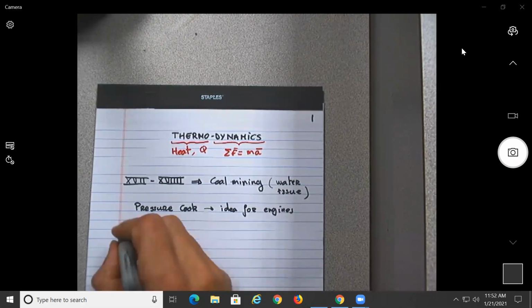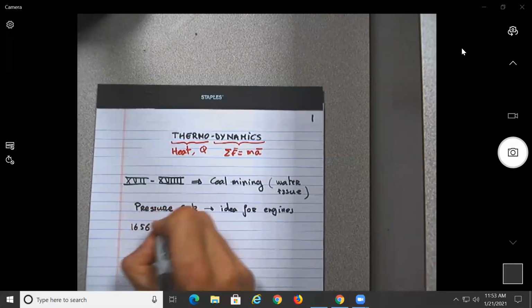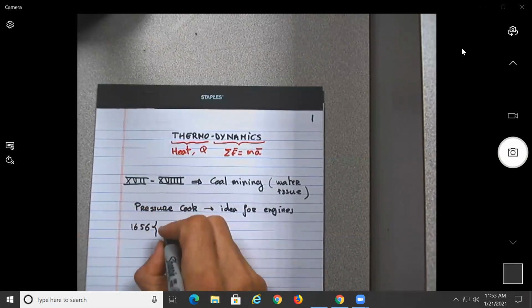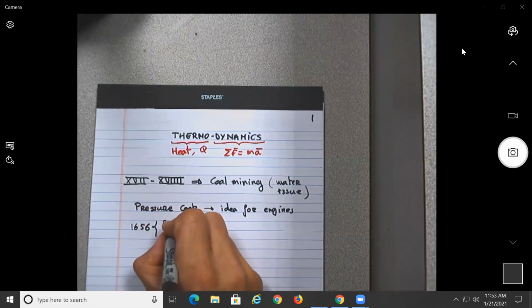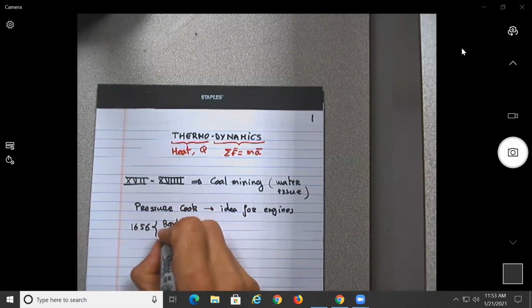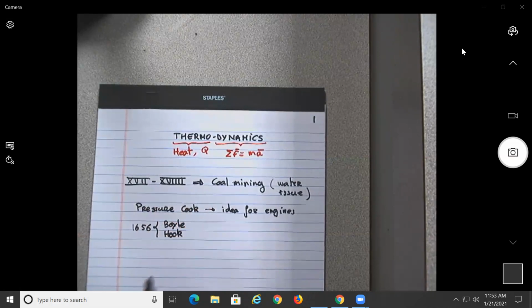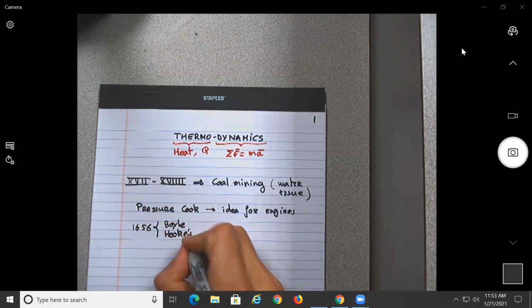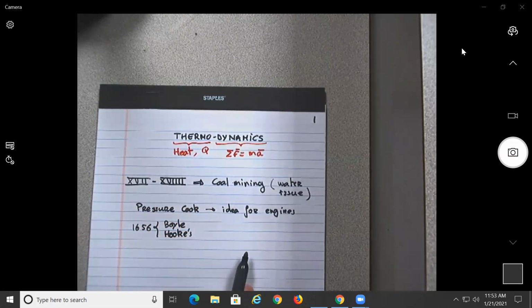So in 1656, about that time, you're going to know the names Boyle and Hooke. This is actually the same guy. If you took solid mechanics, maybe you heard of Hooke's law. Okay, it's the same guy.